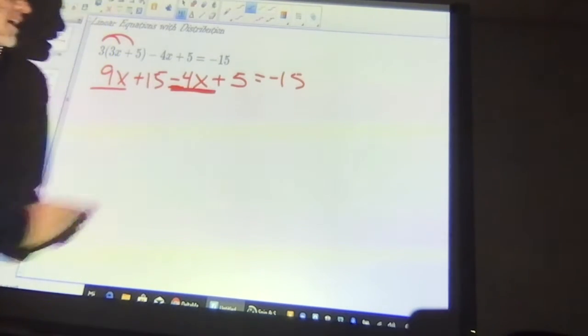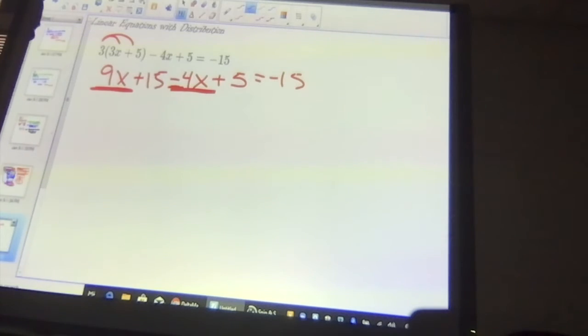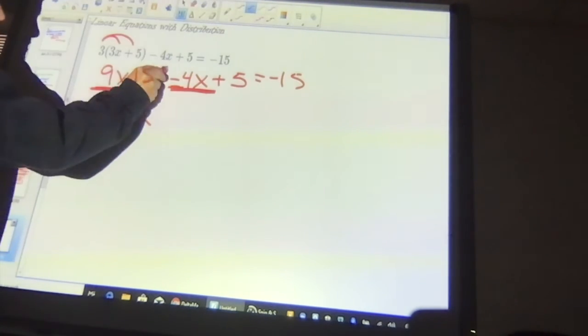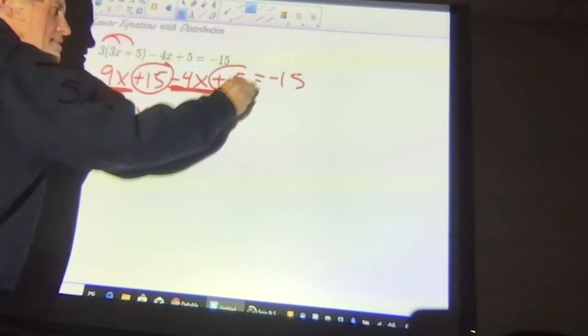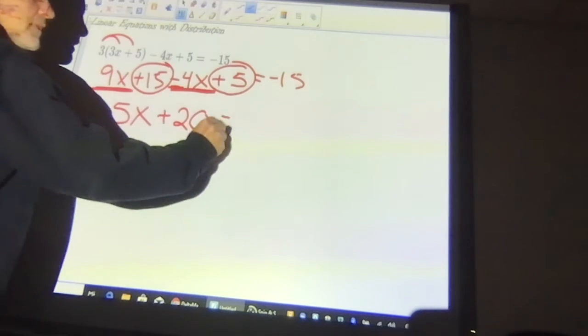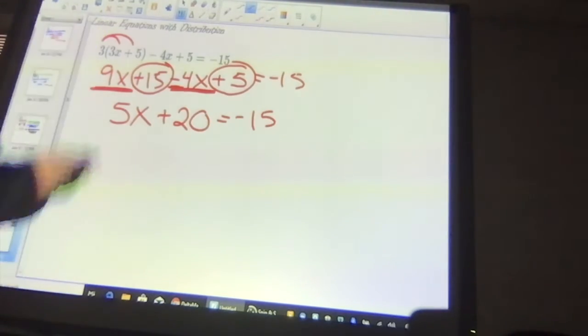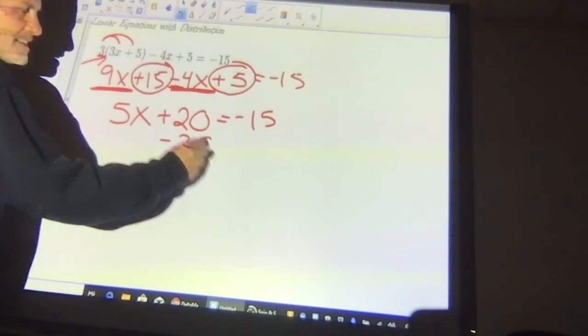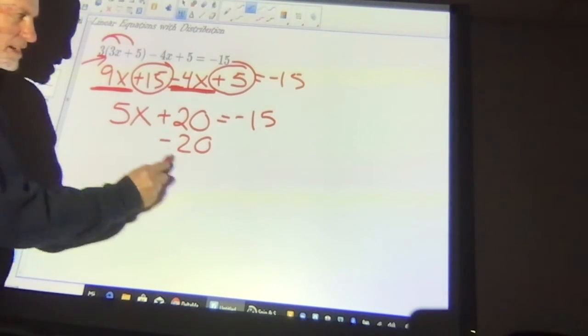I'm going to call that a negative 4x, a positive 9x. When I combine those, I get 5. That's a positive 15. That's a positive 5. I get positive 20. And all of a sudden, that big, mean-looking thing is a simple two-step equation. Inverse operation.